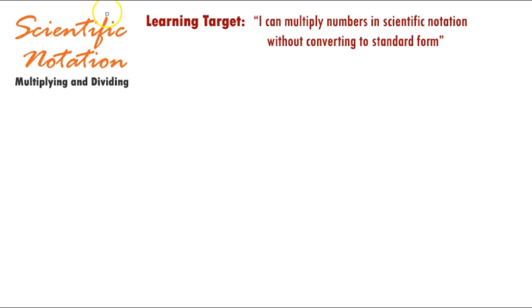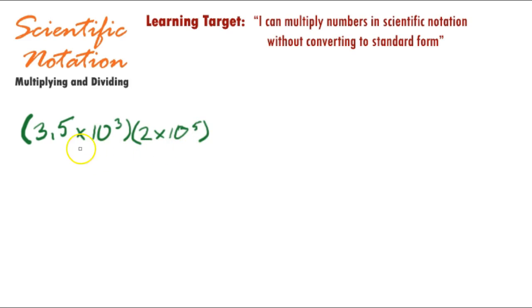Alright, so this is a typical problem you might see. We'll start it with 3.5 times 10 to the third, and we multiply that by 2 times 10 to the fifth.